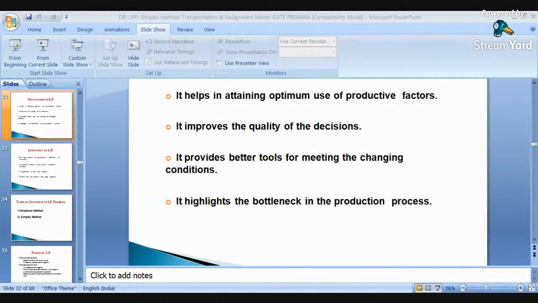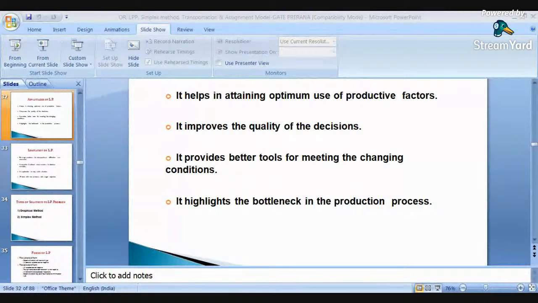So when the constraints are of greater than or equal to type, for example x plus y plus z is greater than or equal to 50, then we introduce the artificial variable.